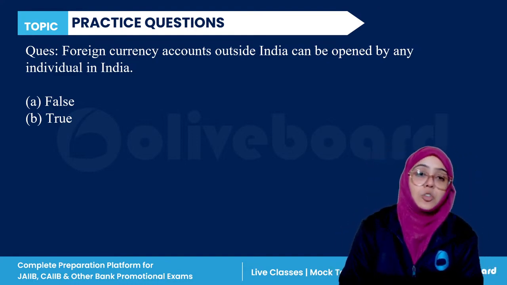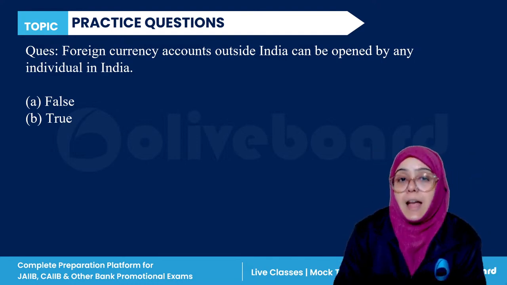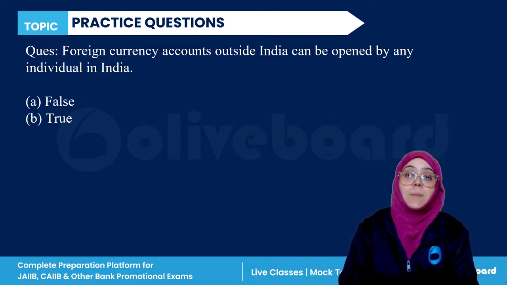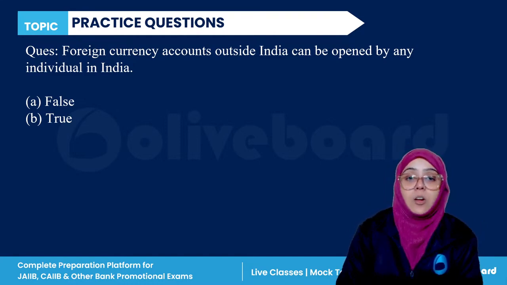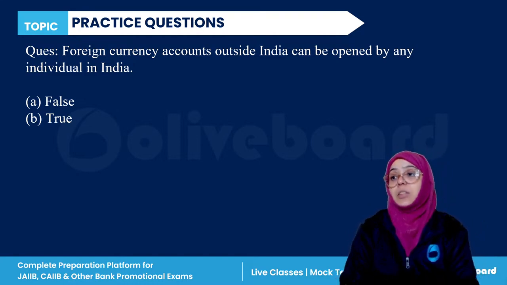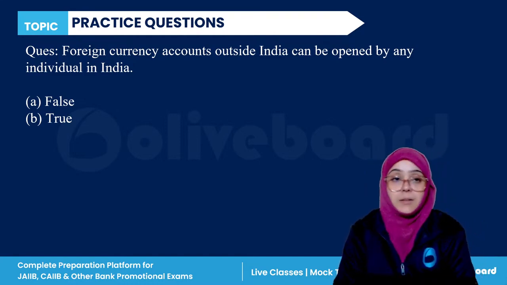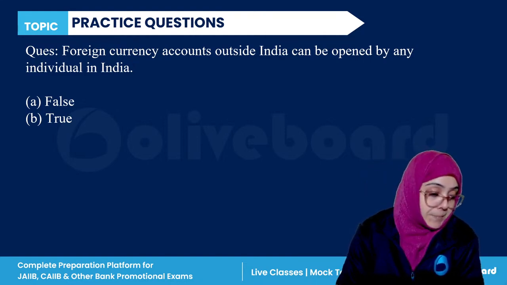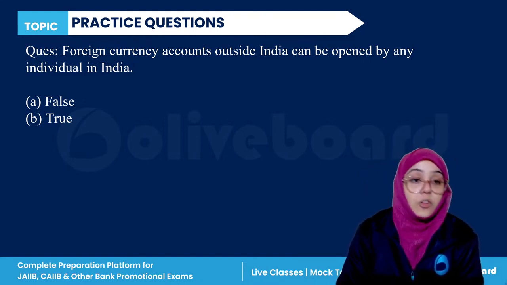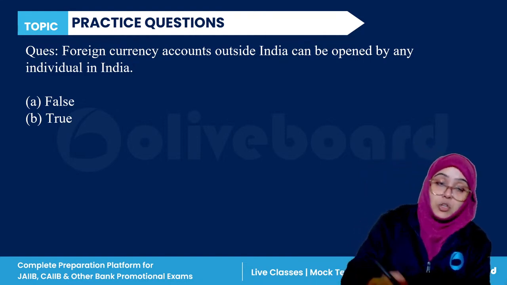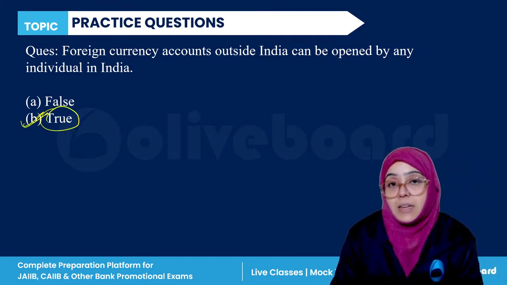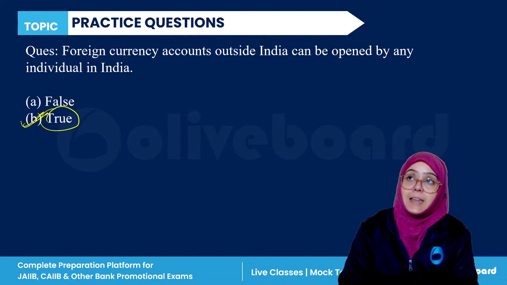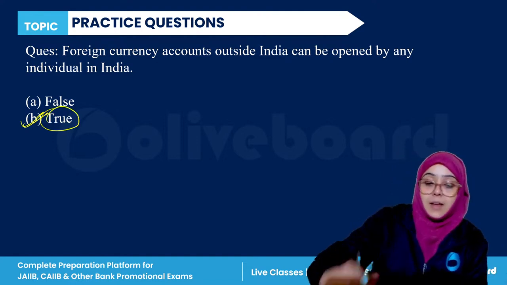Yes, correct, it is true, Hema. So a foreign currency account outside India can be opened by any individual in India. So B is the correct answer.